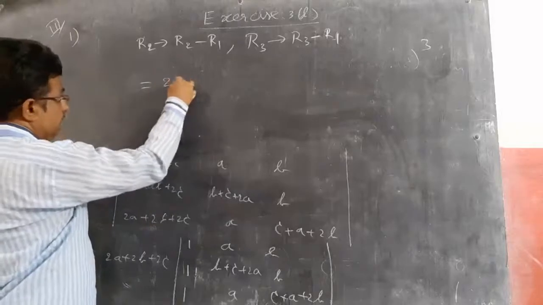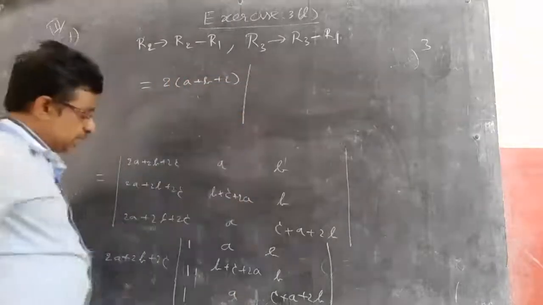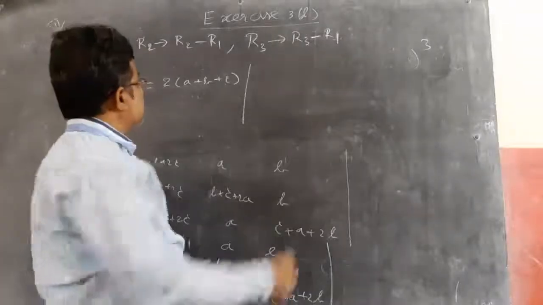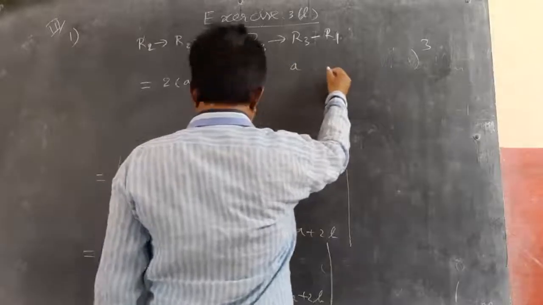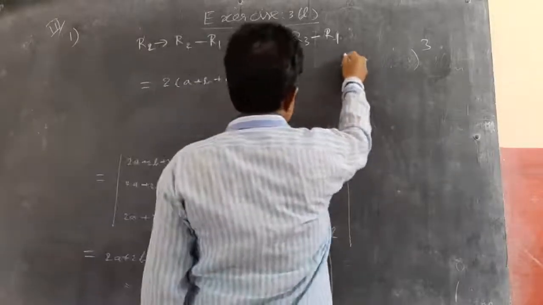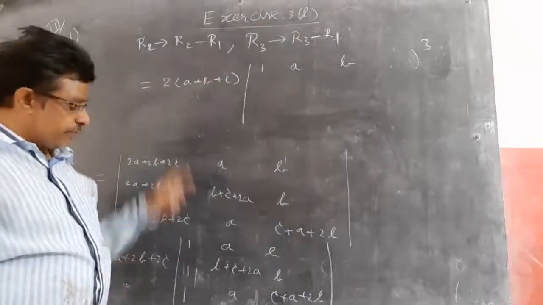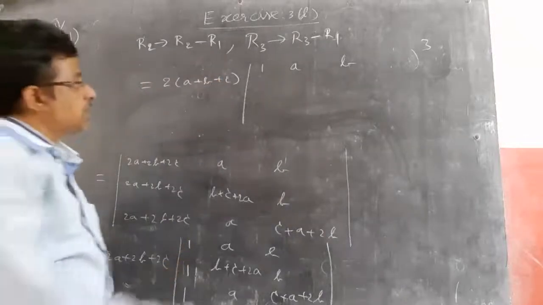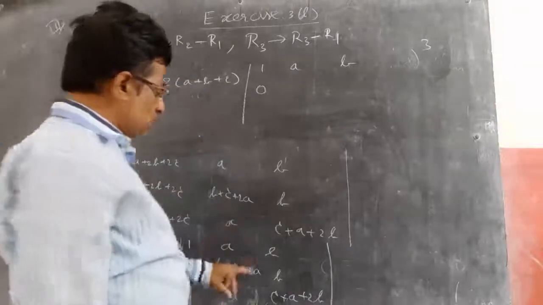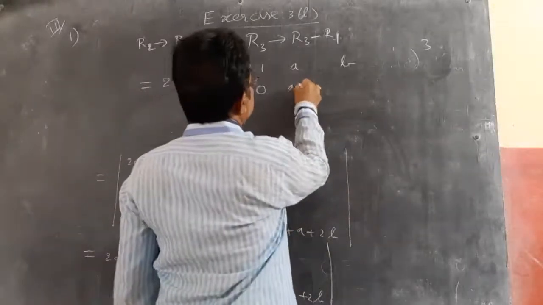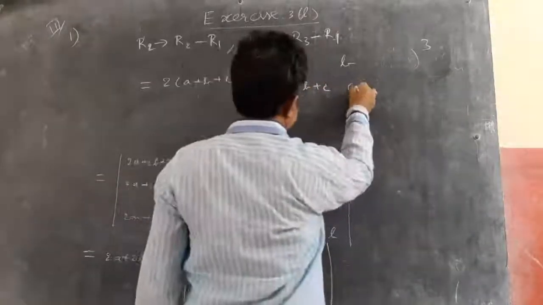So 2 into (a plus b plus c) common as is. First row as it is, I am not applying any operation on R1, just 1, a, b. Coming to R2, I am subtracting R1 from R2. So 1 minus 1, 0; b plus c plus 2a minus a becomes a plus b plus c; and b minus b, 0.